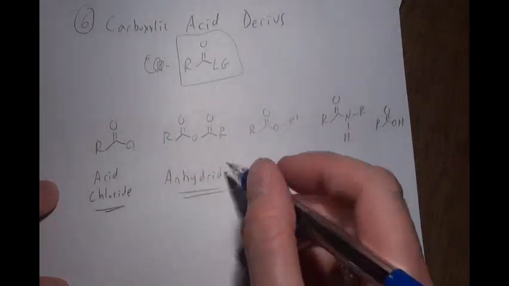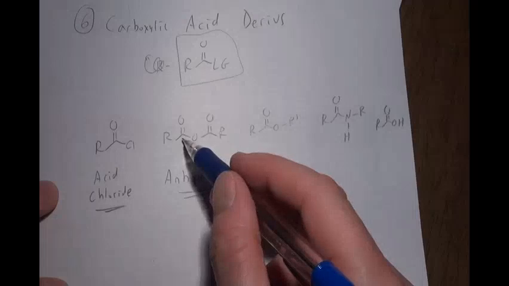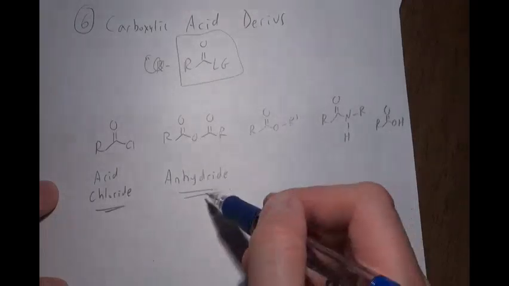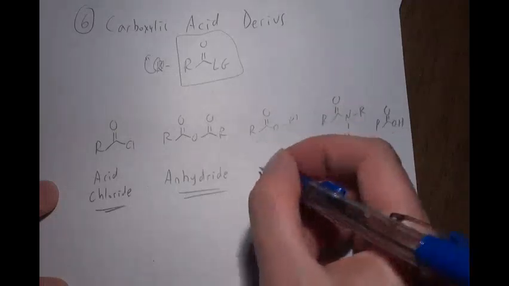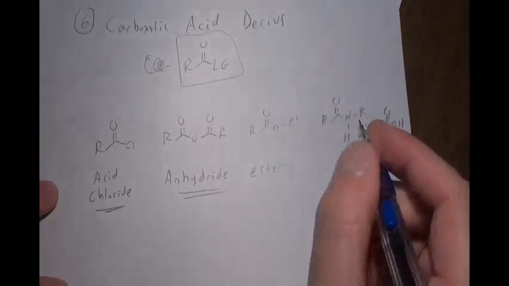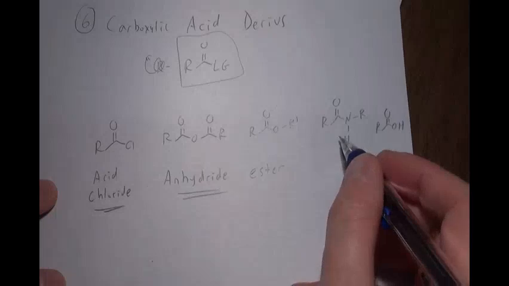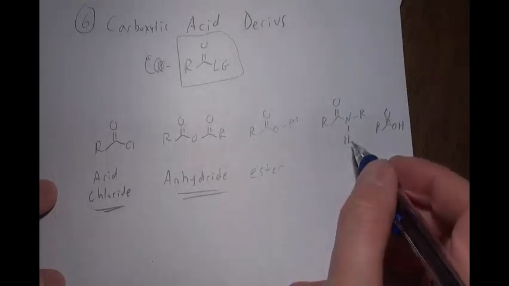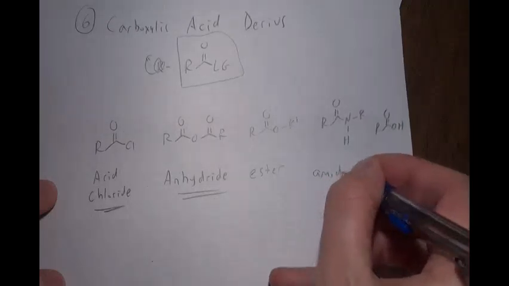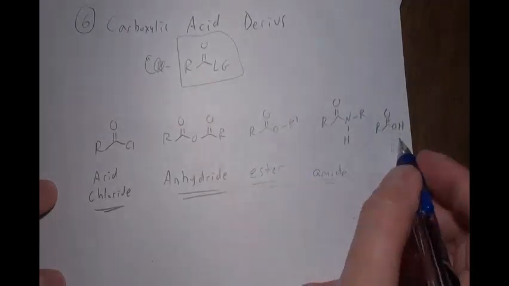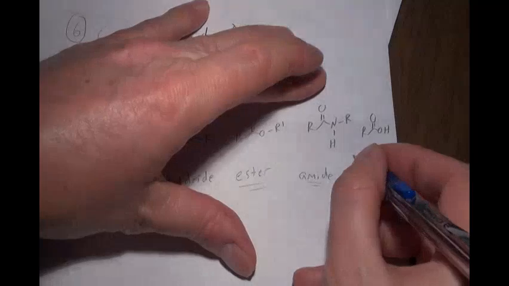So an anhydride is kind of like this C double bond O, oxygen, C double bond O. That's called an anhydride. This one you should know from Organic 1. It's called an ester. This one you should also know. Acyl nitrogen, and it's an amide. And then this one, of course, is a carboxylic acid.